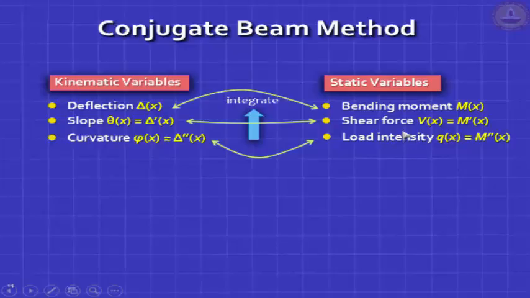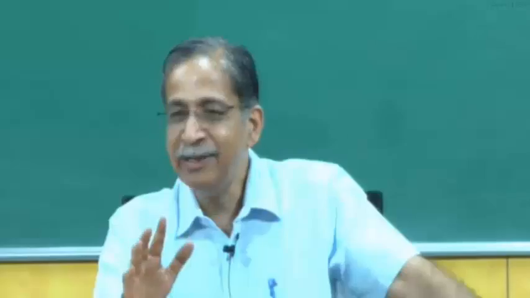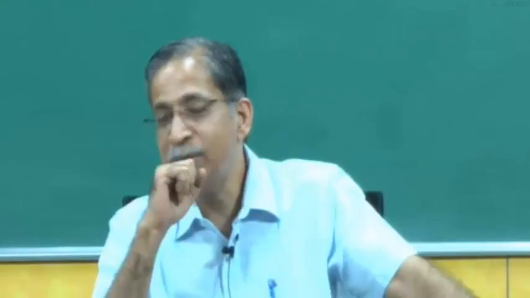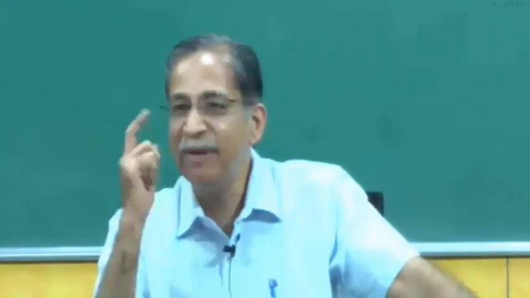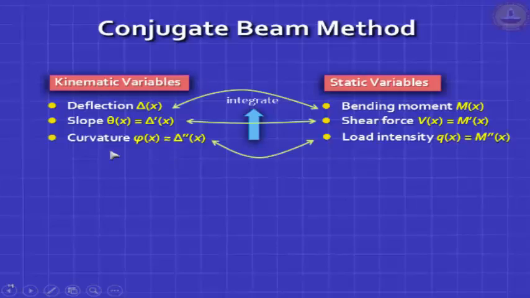We are very good in equilibrium, we are weak in compatibility. Engineers are not strong in right brain, they cannot understand deflections and curvatures, but they are very good in equilibrium, very good in solving equations. So we know how to do this easily, this is child's play, but we are doing it as an analogy. It's a lot of fun also.